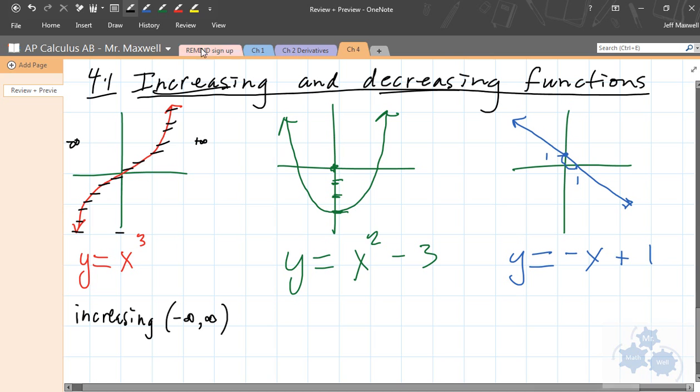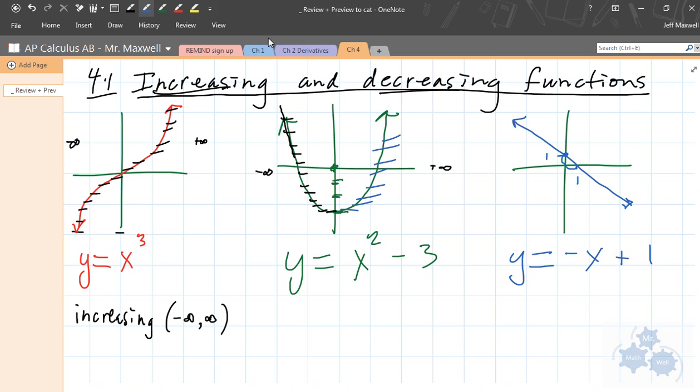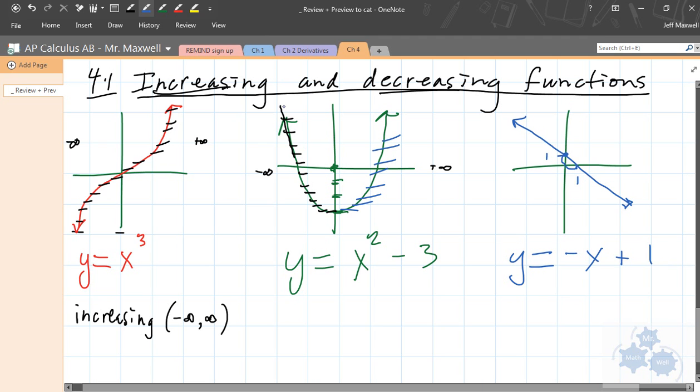The second function, the parabola here, if we look at the far left, negative infinity, and the far right, positive infinity, we see that the graph is coming down from left to right. So the y values are getting smaller as we move from left to right, up until a certain point. Then they start getting larger after that. If the part of the graph is coming down left to right, that is decreasing, and if it's going up, it's increasing.